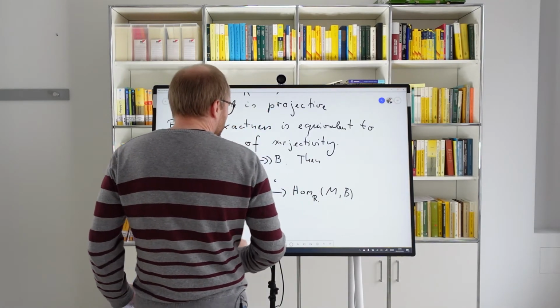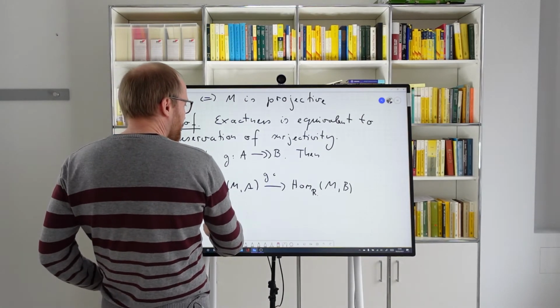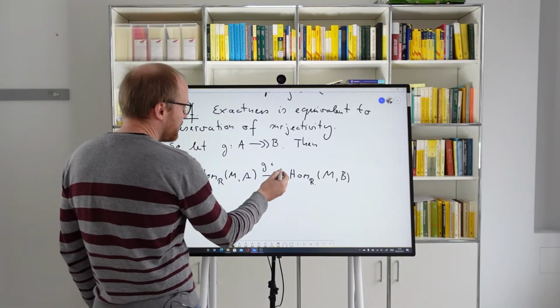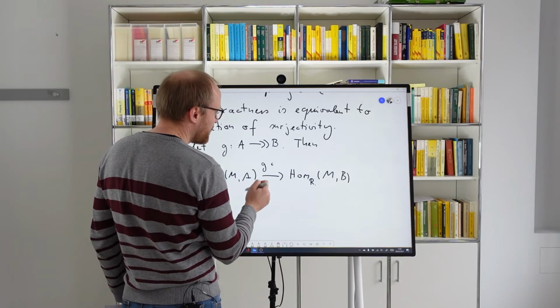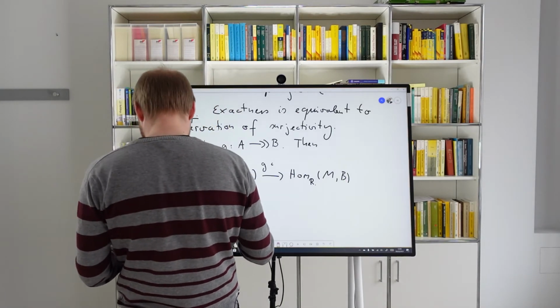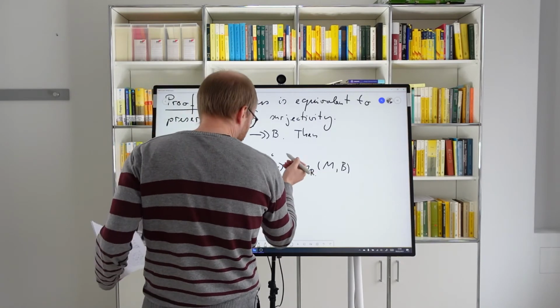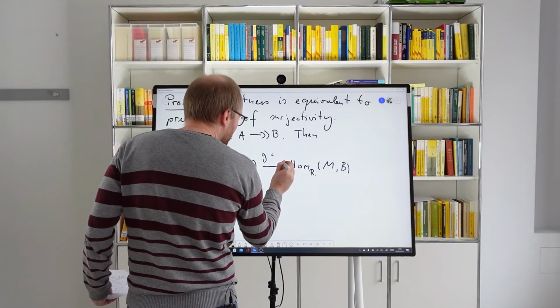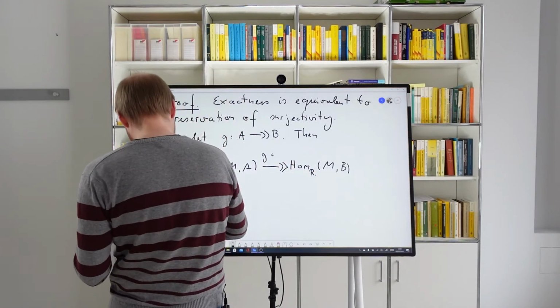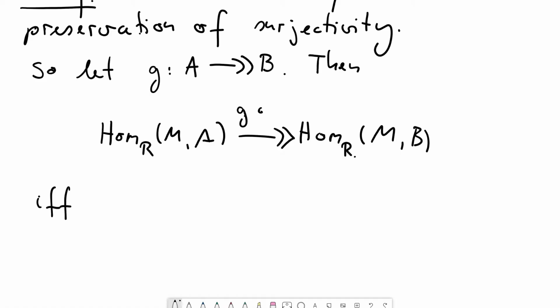Now I have to prove that this is a surjective homomorphism if and only if M is projective, meaning M satisfies a universal property, which is the definition of being projective.